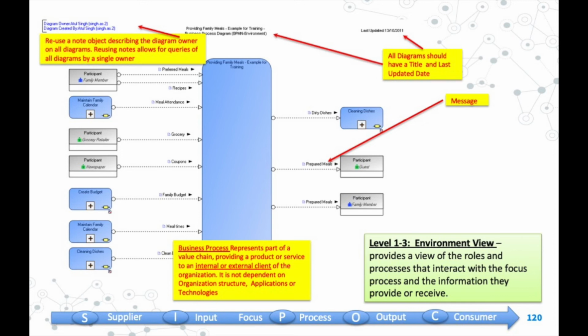You can see the participants on the left and some of the other capabilities that are business processes that go into this: creating the budget, maintaining the family calendar, cleaning dishes. And then you have all your participants, the family member, the retailer, or maybe even a guest who's attending that meal.